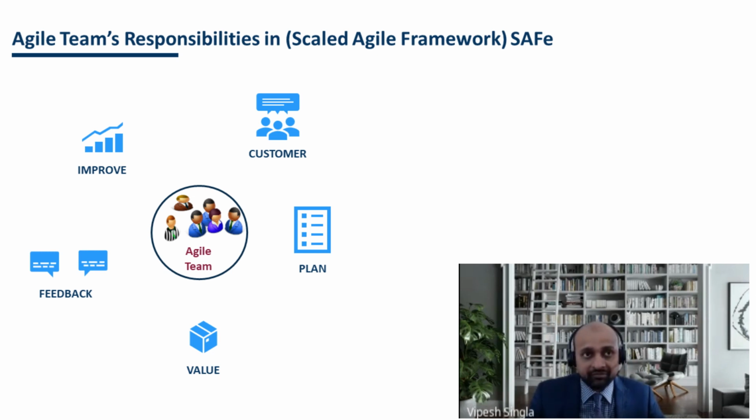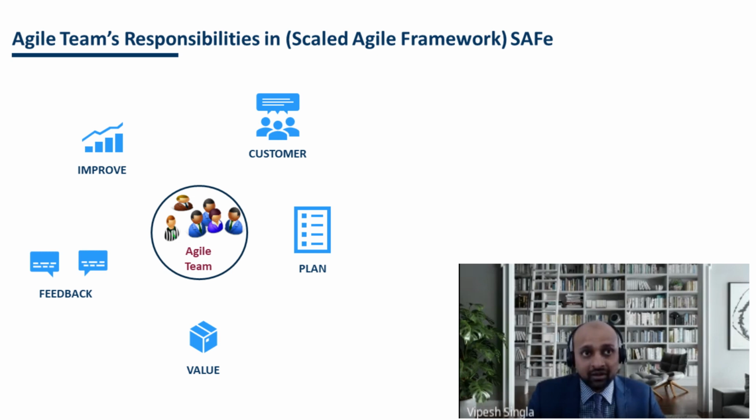They plan the work. One of the participants asked us earlier, where is the project manager who does the project management in agile, in scrum or in SAFe? The planning, project planning: there is no project plan, but there is a team plan.